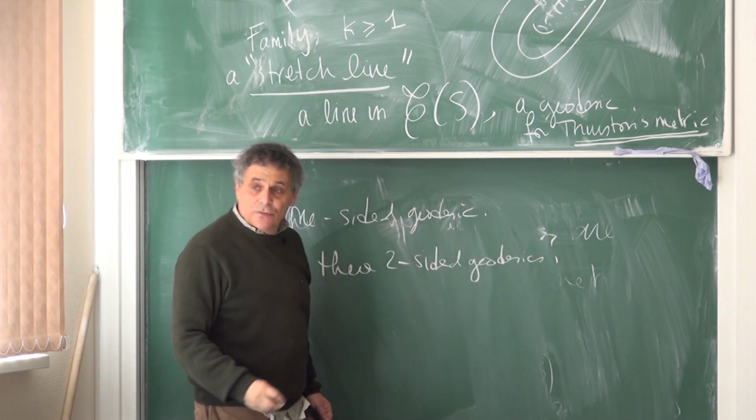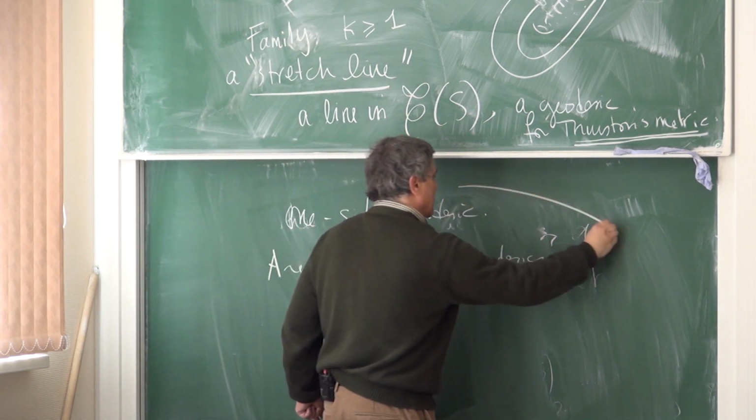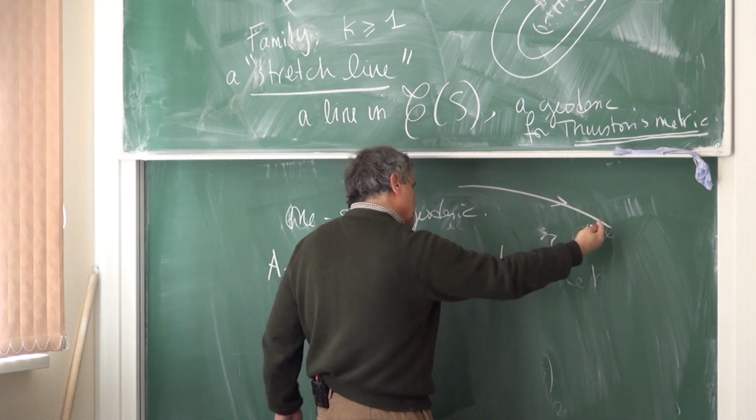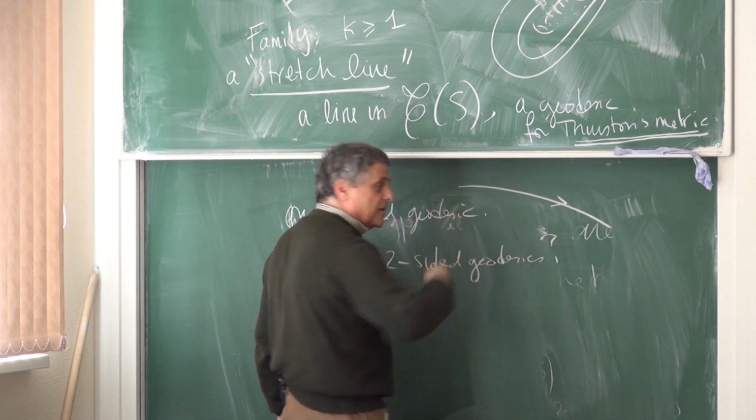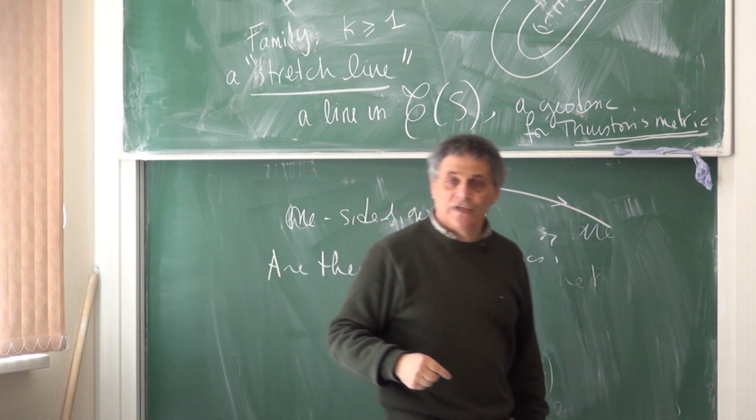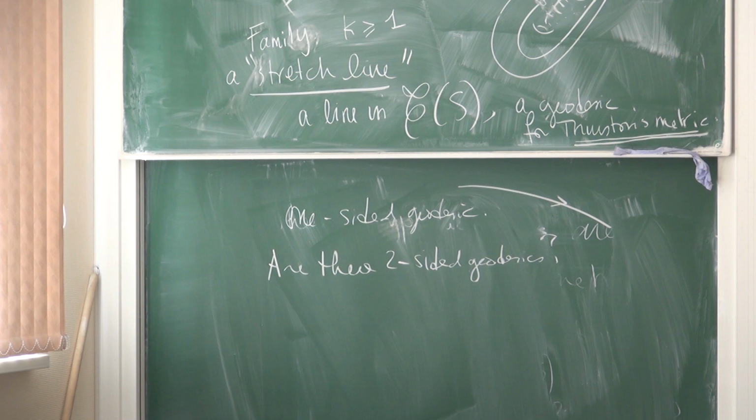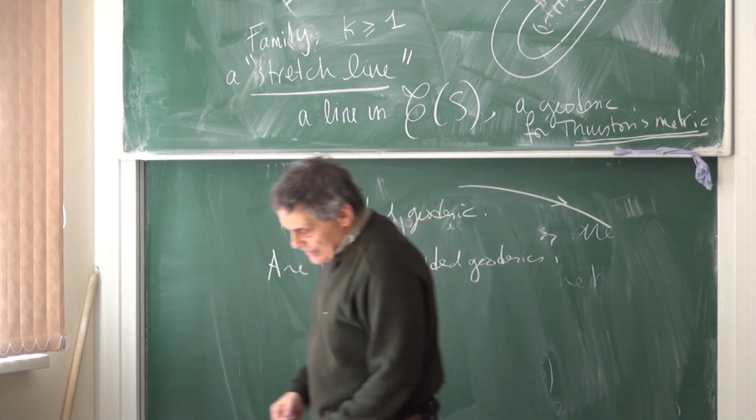That is, geodesics where when you traverse them in one direction, they are geodesic, but if you traverse them in the other direction, they are also geodesics. And the answer is yes. I will show you. There are geodesics in this space which are not stretch lines. There are other geodesics than stretch lines. This is one important thing to know.